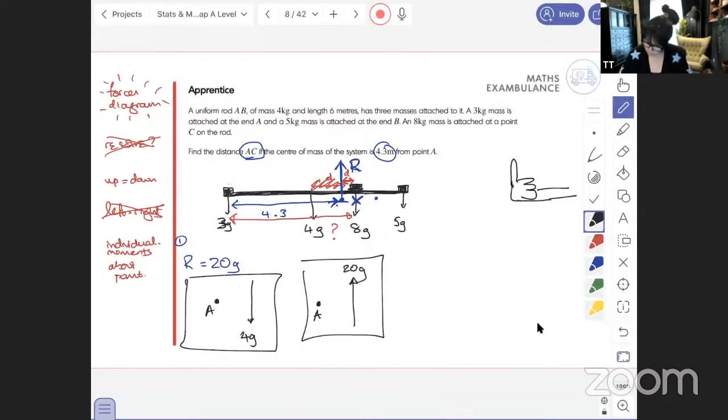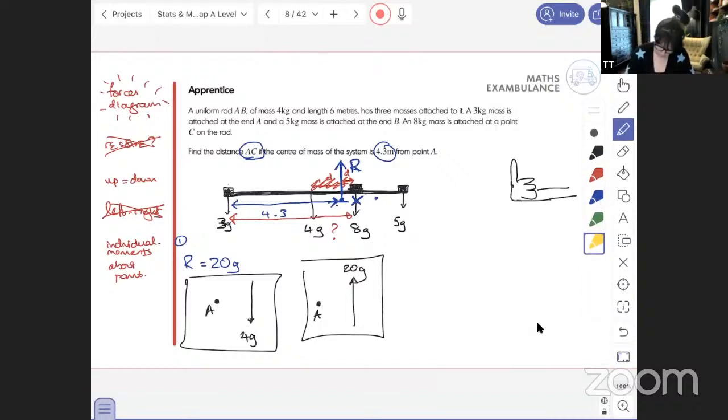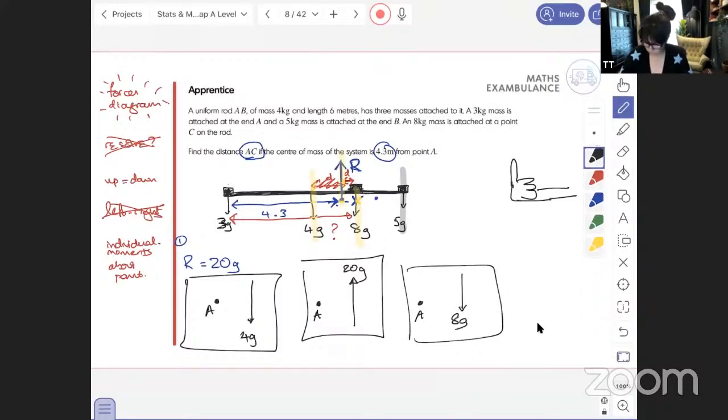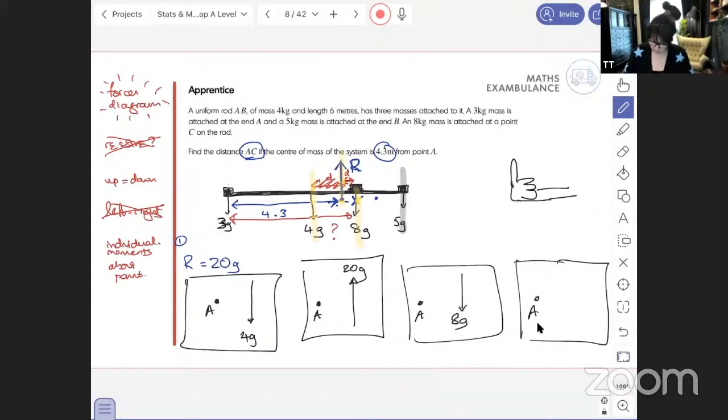That's this one and this one. There's also this one. A, line of action of force. And there's also this one. A, line of action of force.